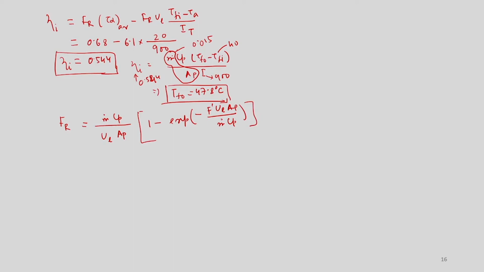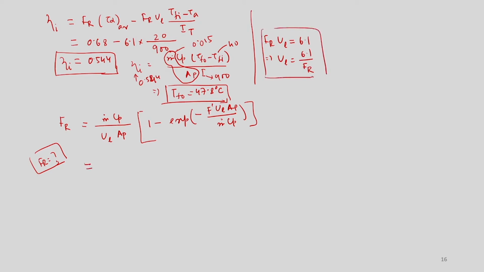Now we need to find out what is FR. UL we can omit here, as we already know the value. FR UL is equal to 6.1, so UL will be 6.1 divided by FR. We can use this here.